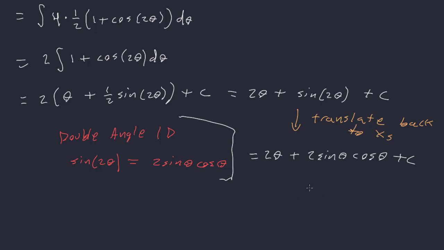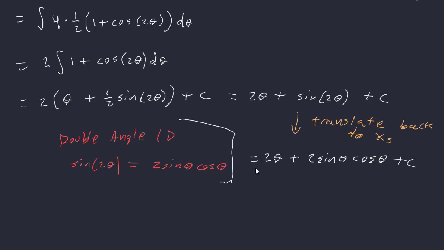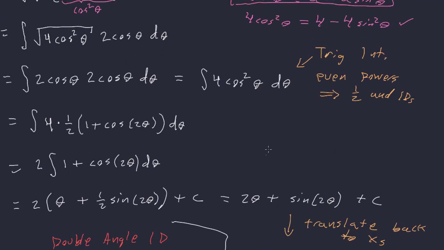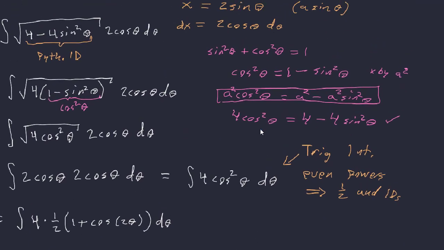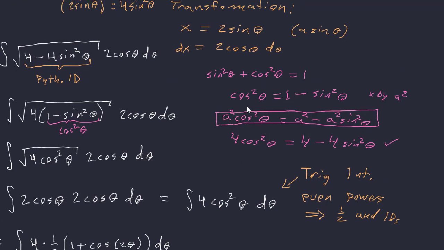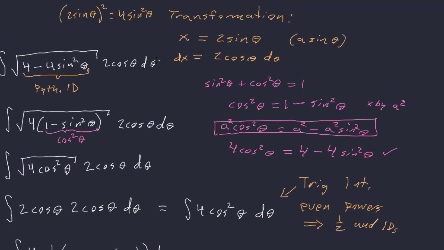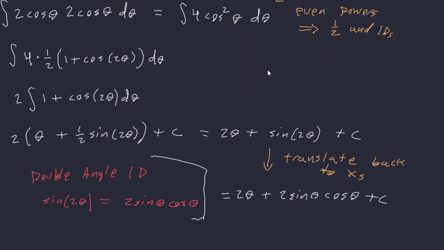Okay, now what's nice about this is if we scroll back up, our transformation 2 sine theta is x. All right, so I know that this 2 sine theta is just going to be x.